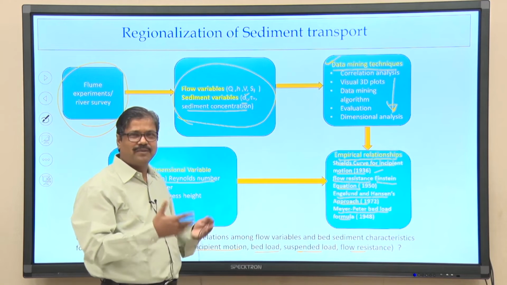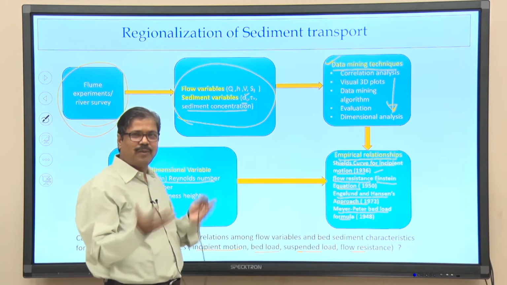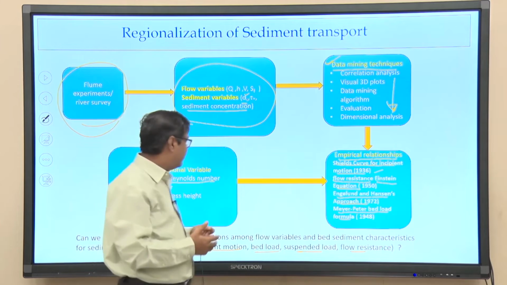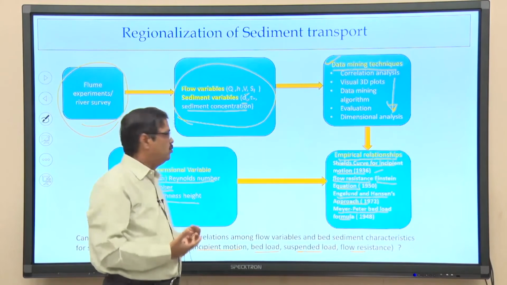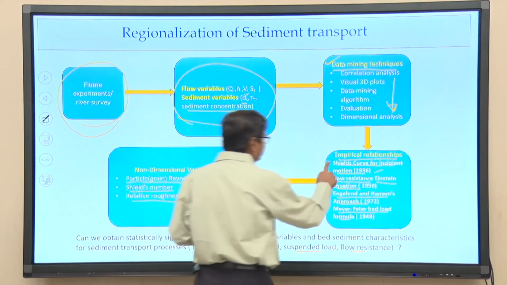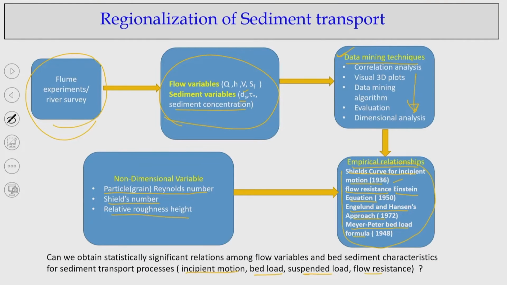Both are the same, but many books put particle Reynolds number or grain Reynolds number, the Shields number, the Einstein parameters. So many new non-dimensional forms were introduced to establish these empirical relations, even with relative errors.